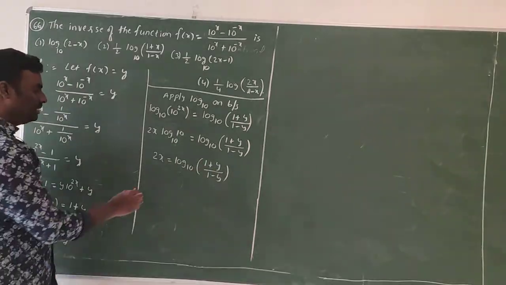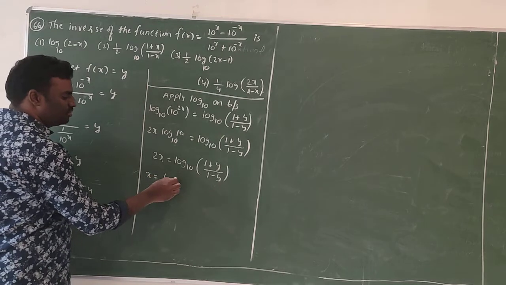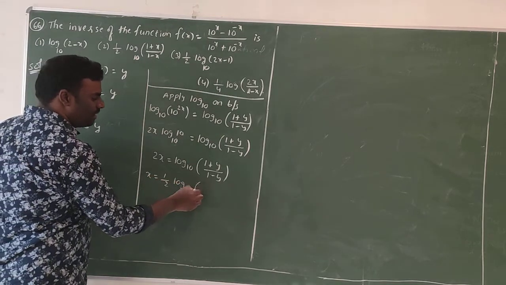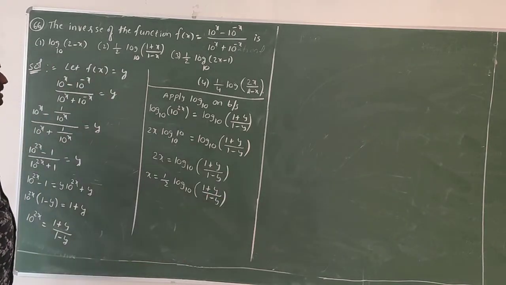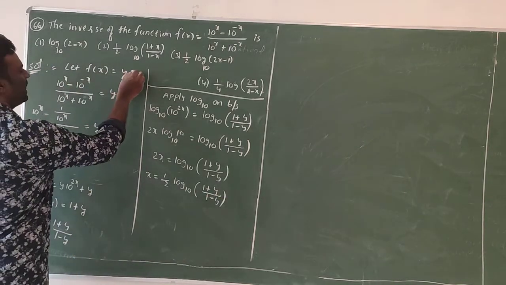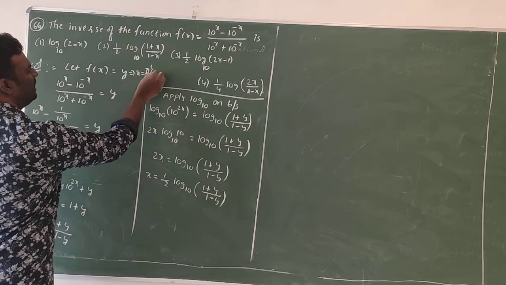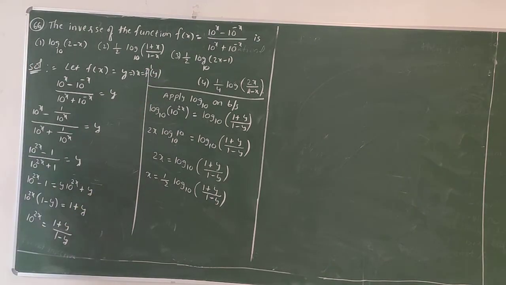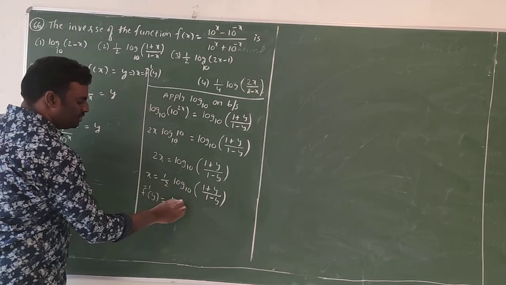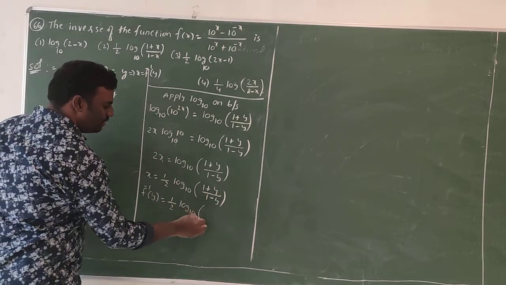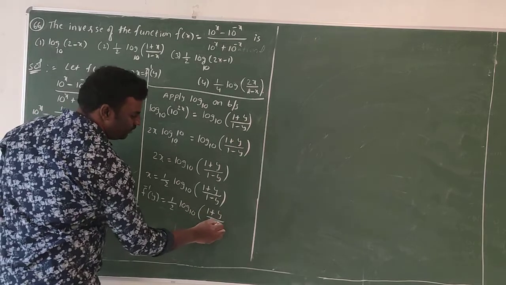Send to this side, then x equals 1 by 2 into log base 10 (1 plus y) by (1 minus y). This is x. From this step we can write x is nothing but f inverse of y. Then f inverse of y equals 1 by 2 into log base 10 (1 plus y) by (1 minus y).